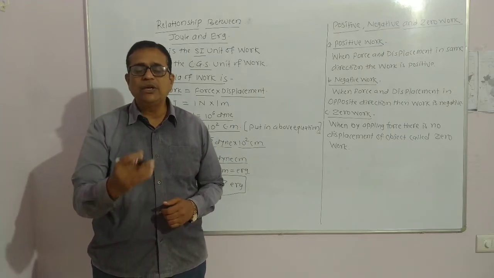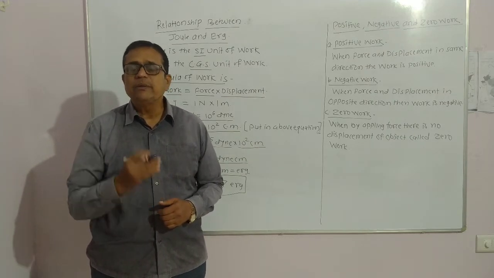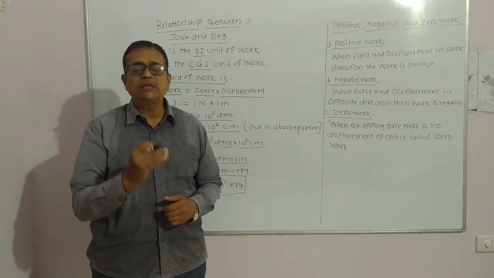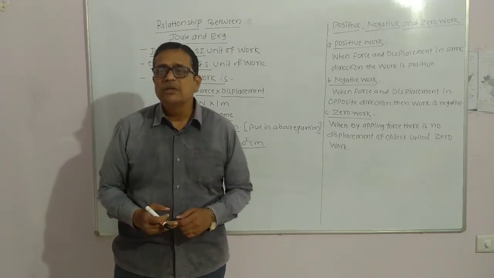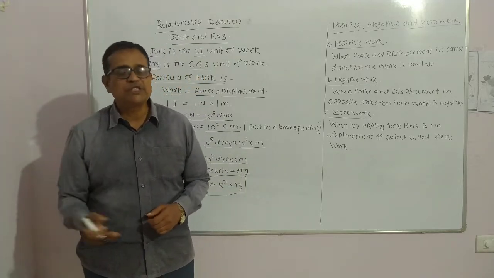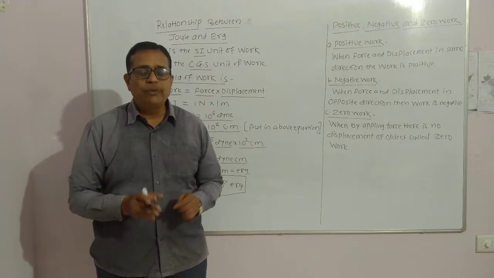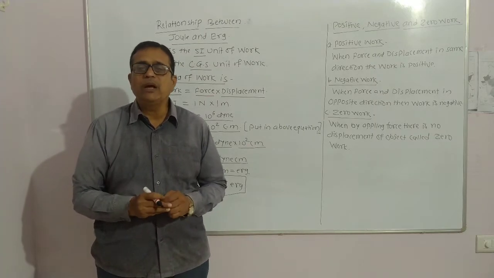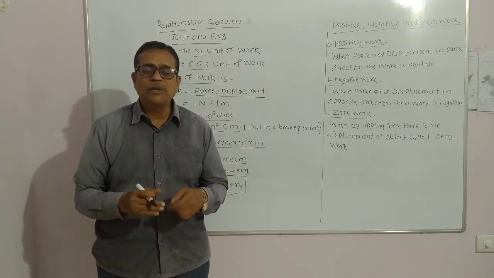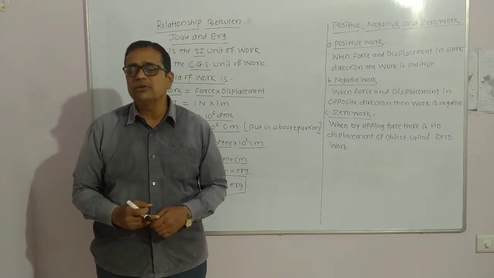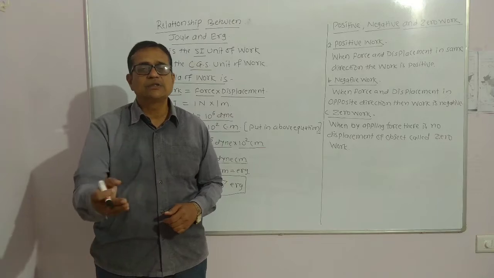When we apply a kick on the ball, then the ball moves in the direction of force. म्हणजे ज्या दिशेला आपण फोर्स लावतो त्या दिशेला त्या बॉलचे डिस्प्लेसमेंट होते. Again one example here: we push the car from behind, then the car is displaced in the direction of force. म्हणजे आपण ज्या दिशेला फोर्स अप्लाय करतो त्याच दिशेला कारचं डिस्प्लेसमेंट होते.